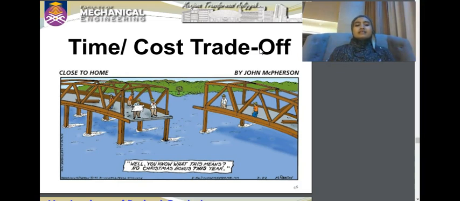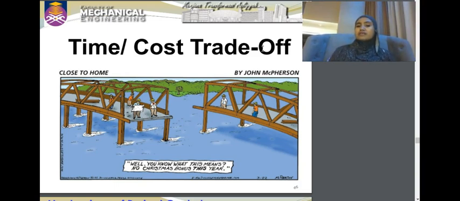And another subsection is actually the trade-off between time and cost. So in reality, when we manage the project, of course, it is very important to ensure good quality of the project is achieved, which is to ensure it is actually as expected based on the deliverables by the customer. However, within the process of project monitoring and control, sometimes we need to trade off the need of time or cost.